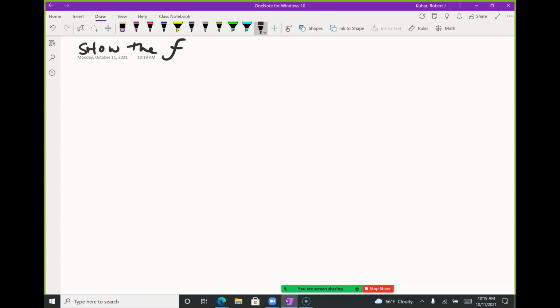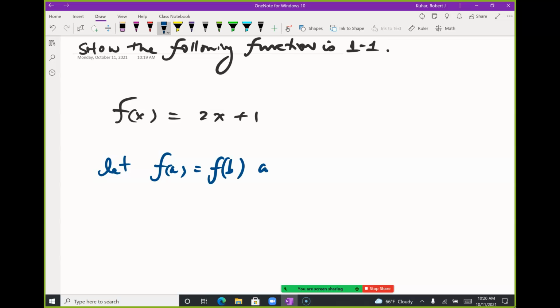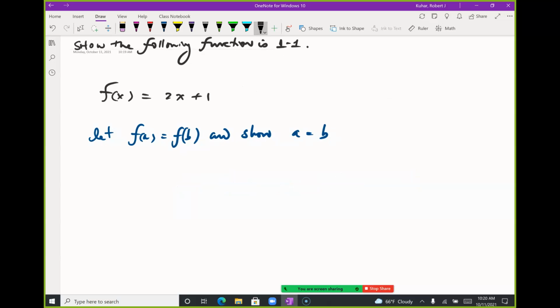Show the following function is 1-to-1. Let's see, f of x is 2x plus 1. We already did this, right? This one's obvious. We already know the inverse, right? So we're going to let f of a equal f of b and show a equals b. Ready?